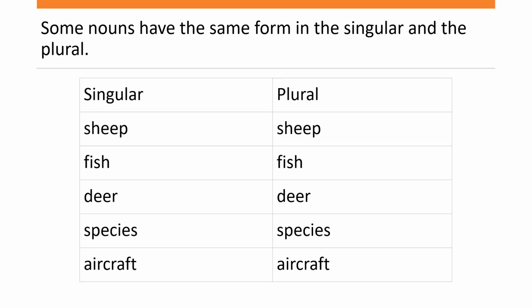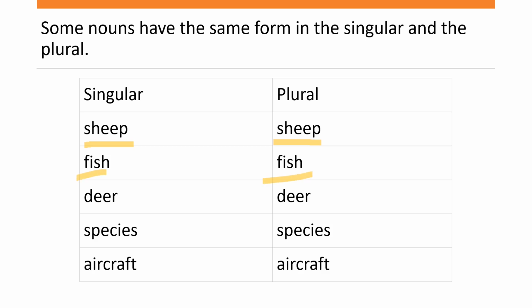अब कुछ नाउन होते हैं जो सिंगुलर भी सेम वर्ड होता है, प्लूरल भी सेम वर्ड होता है. अब हम उनकी एग्जांपल देखते हैं. Some nouns have the same form in singular and the plural. Let's take a look at them. We have sheep. Singular form sheep है. इसकी plural form भी again sheep है. There is no change. It's sheep.